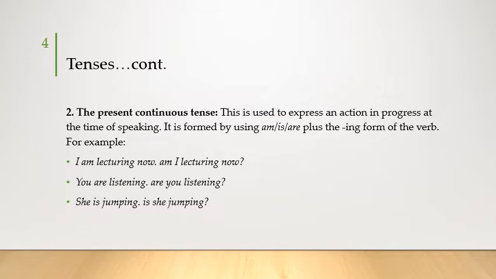Number two, you have are as the auxiliary, helping the verb listening. Number 3 is the auxiliary helping jumping. So the present continuous tense actually uses auxiliary plus the ing form of the verb.